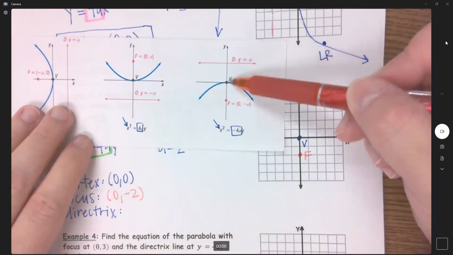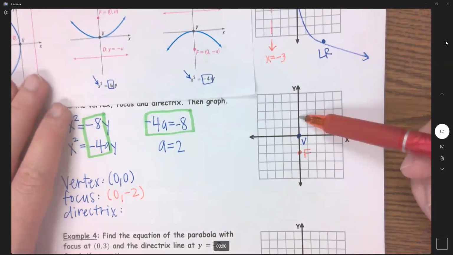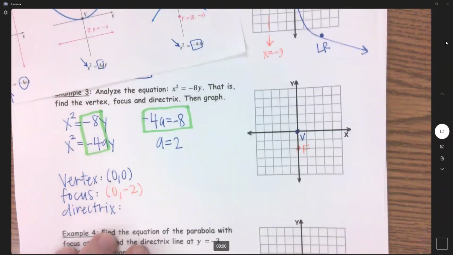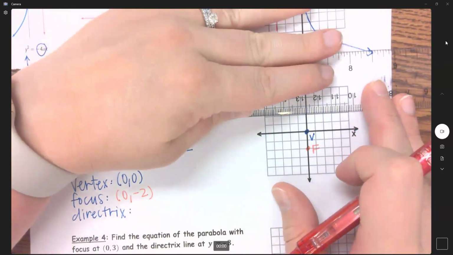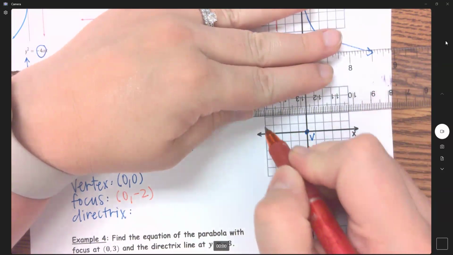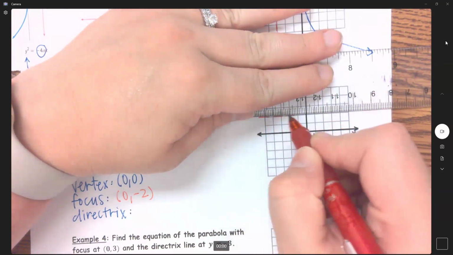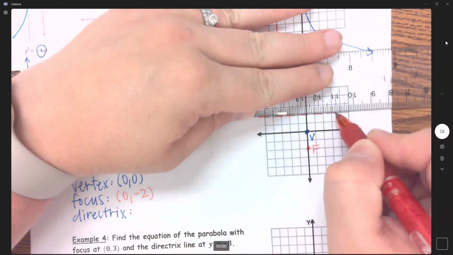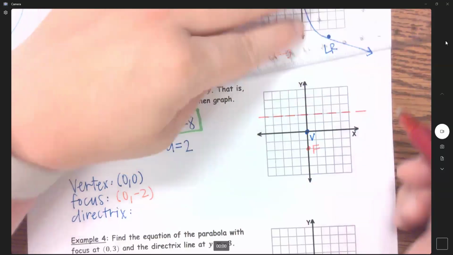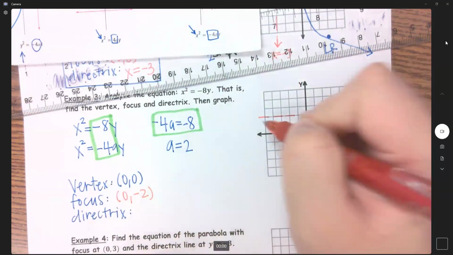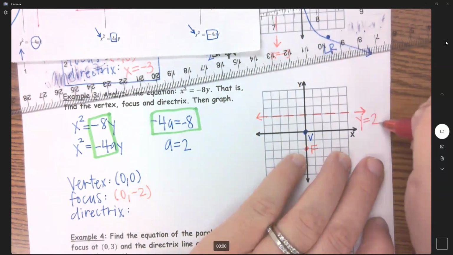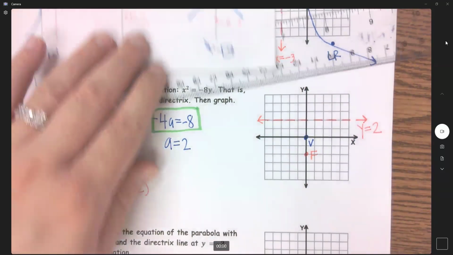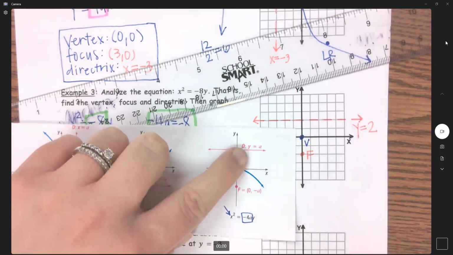Then my directrix is above, so I'm going to go a units above, and my directrix line is right here. And that is at y equals 2, which is right here, y equals a.